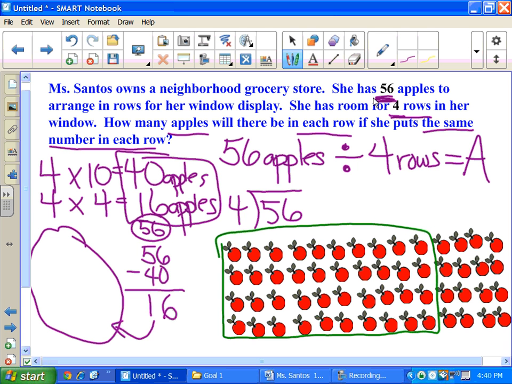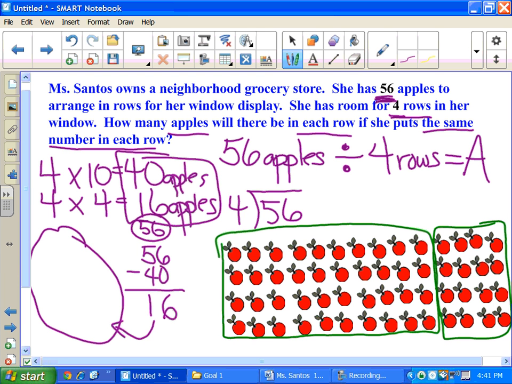So this is 40 apples here that we did first. And then we had still 4 rows, we were still putting them in. And we know 4 rows of 4 used up our last 16 apples for all 56 apples.